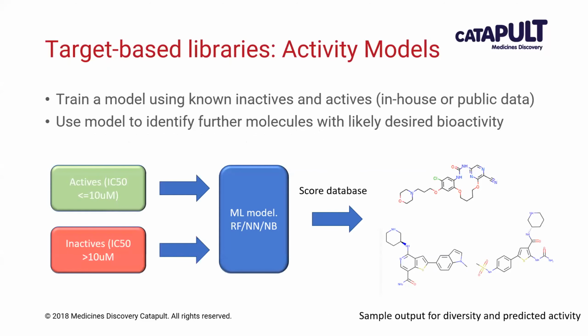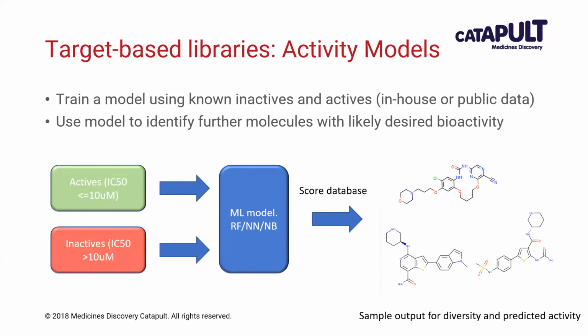You can use activity modeling, so bringing machine learning into the approach. If you have a set of molecules with known activity towards your target of interest, there's usually some biological data out there. You can query PubChem, ChEMBL, or your own internal data sources.